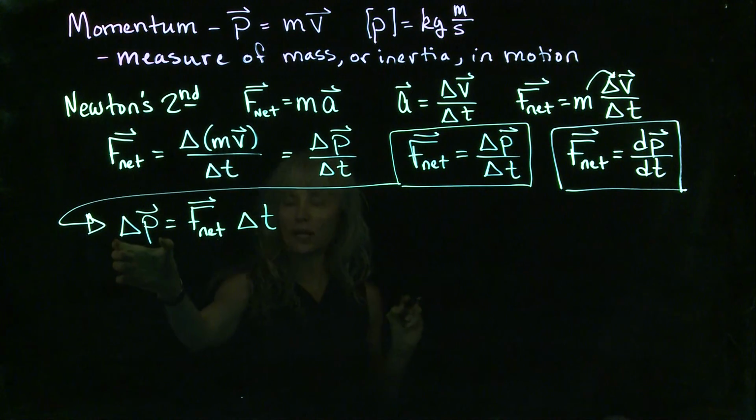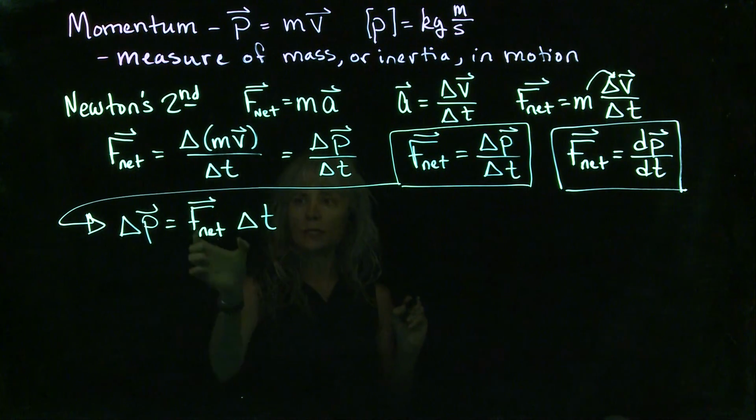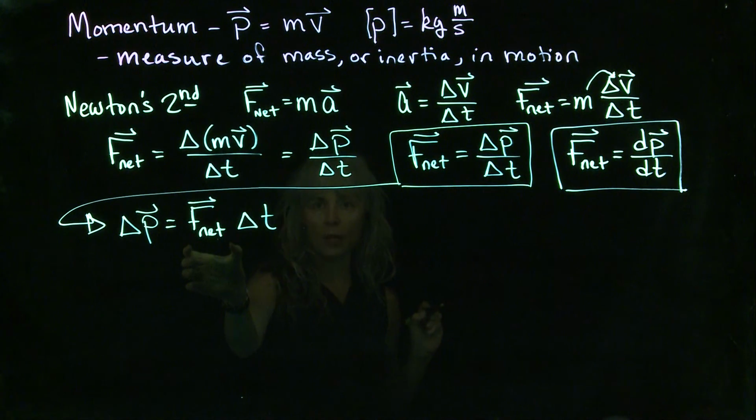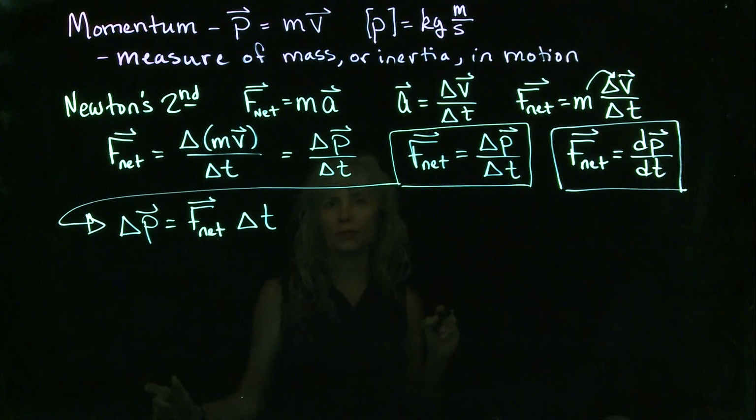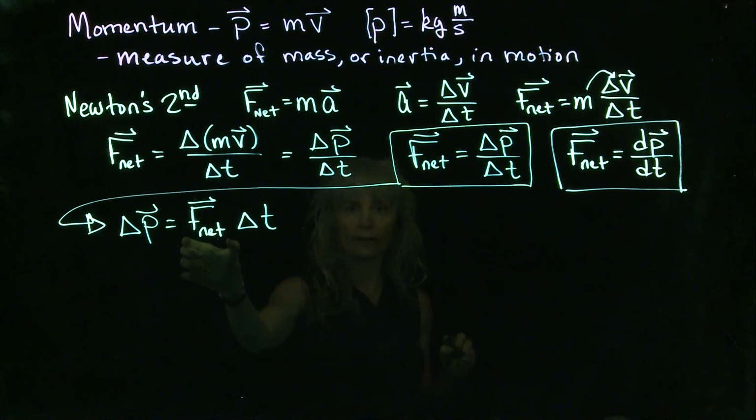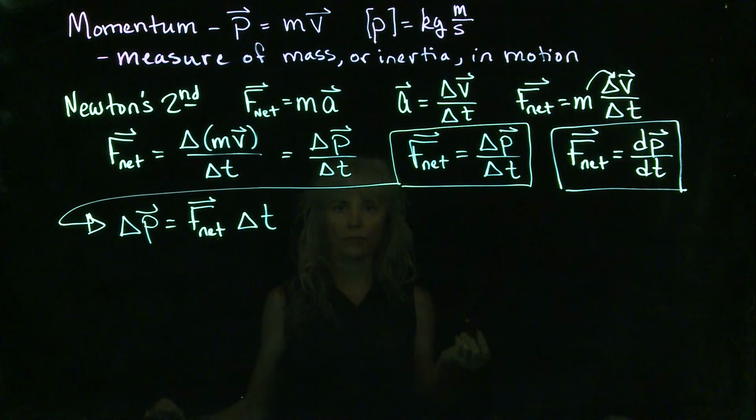So this says the change in an object's momentum is equal to the net force being applied on the object times the time that that net force is applied. This is Newton's second law, just rearranged a little bit. Notice everything comes back to Newton's laws. Newton's second law says the only way to change the momentum of an object is to apply an unbalanced force for some amount of time.